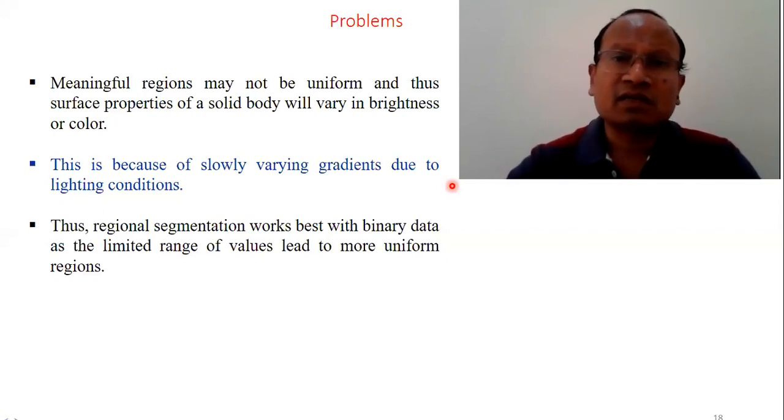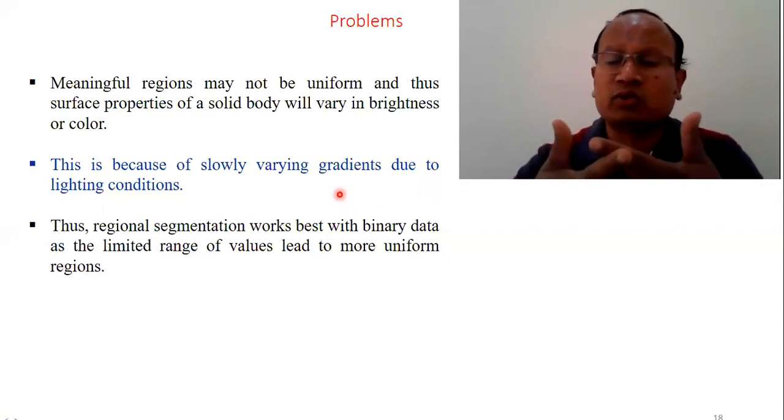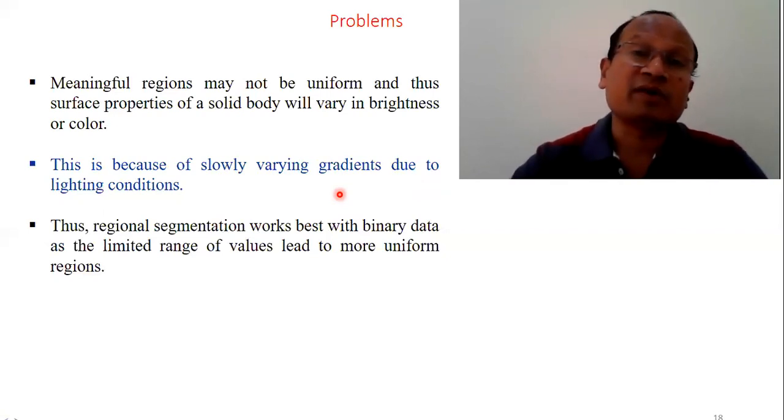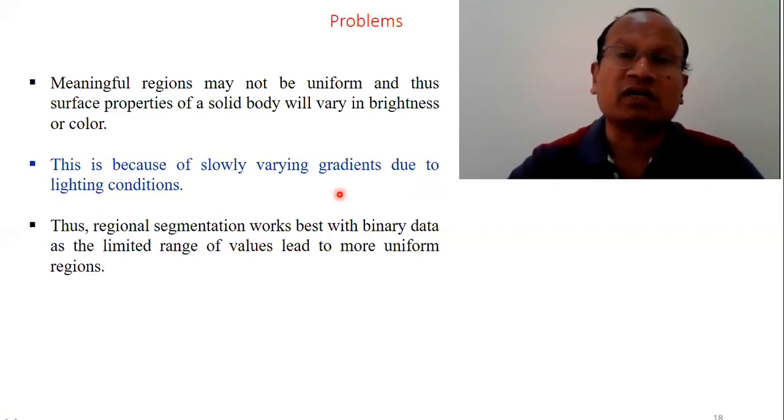And when we address this, the difficulty might not be there, but if slowly varying gradients are there, it would be very difficult to find out the difference between two neighboring regions. Even if you find it based on some lower threshold, whether the meaningful information is lying in the region or not is very difficult to assess.